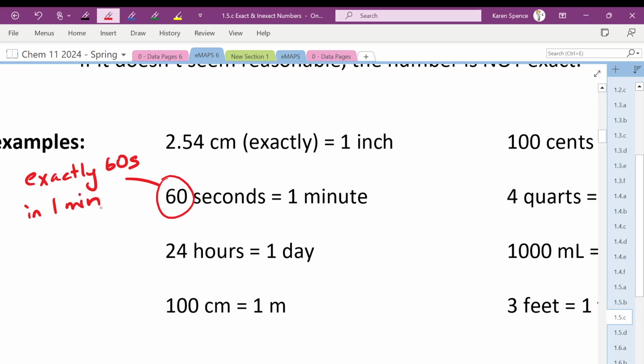So how many sig figs in 60? Infinite sig figs, because it is an exact number.